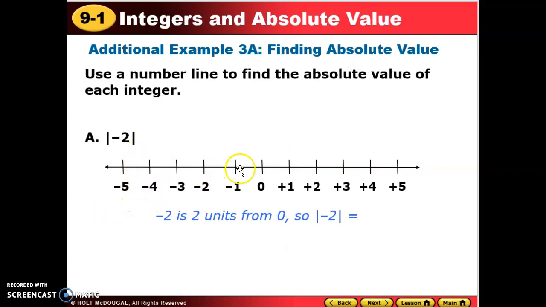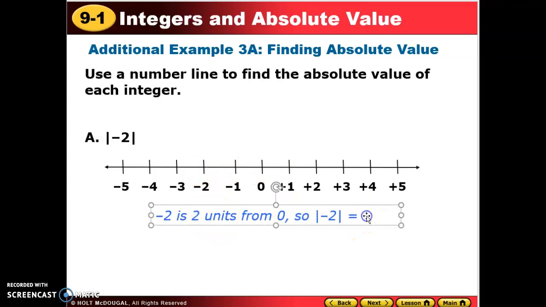So if you look at this number line, here's 0. We have our negative numbers and our positive numbers. This first question is to find out what the absolute value of -2 is. So remember, we have to find out the distance from -2 to 0, and -2 is 2 units from 0.